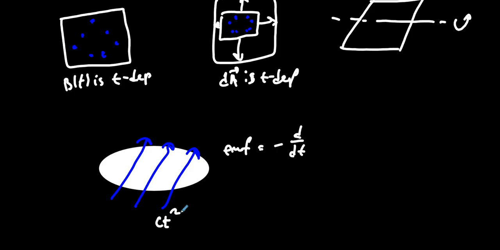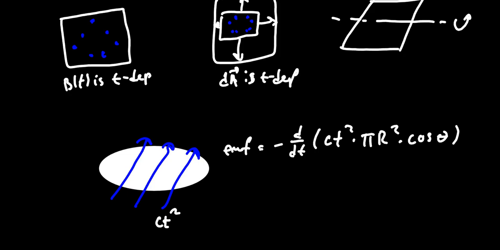And since it's increasing over time, we'll have the negative derivative of CT squared, which is 2CT. And then we multiply by the area, which is pi r squared, and then times cosine of theta. We can't rule out cosine of theta and cancel it out to be 1 because we don't actually know the angle.